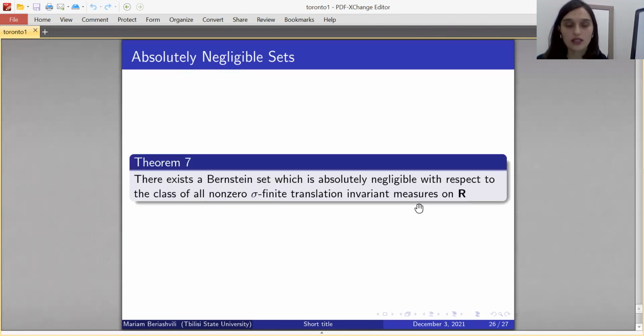About the Mazurkiewicz sets, I decided, in connection to absolute negligibility, that there exists a Mazurkiewicz set which is absolutely negligible with respect to the class of all non-zero sigma-finite translation invariant measures.